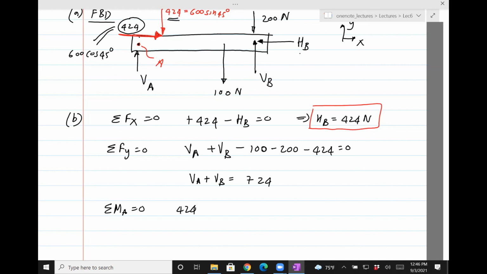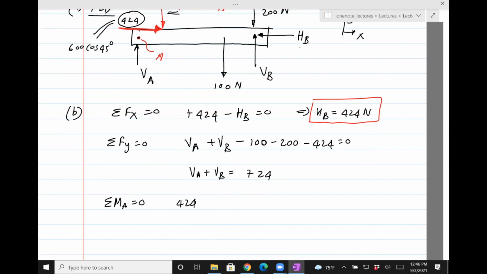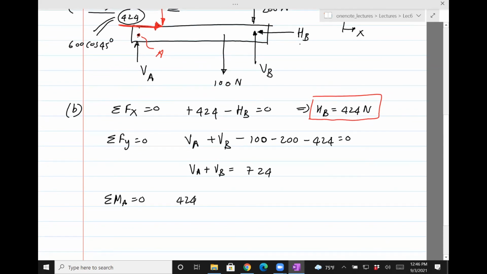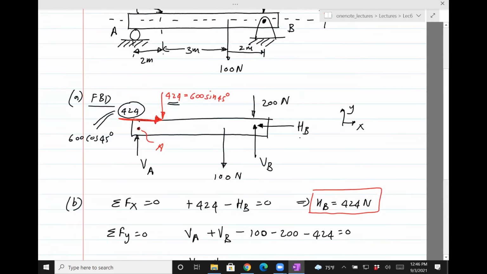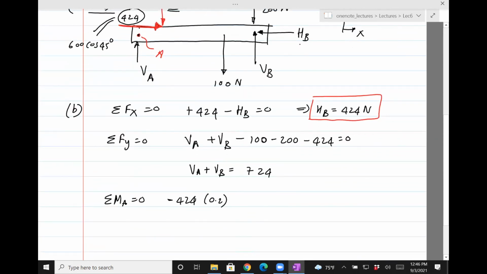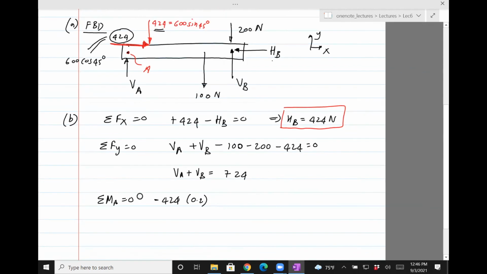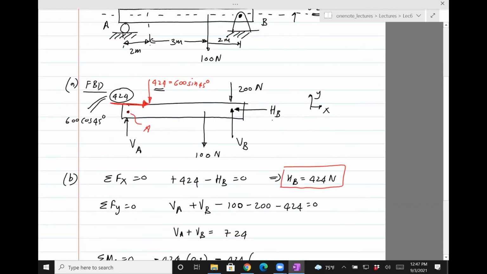So that force is clockwise about the point A, and the moment arm is 0.2, which is shown over here. So we need to put a negative sign. Next, the force 424, which is acting vertically downwards, is inducing a clockwise moment about A. So again, negative sign. And the distance is, I believe, 2 meters.